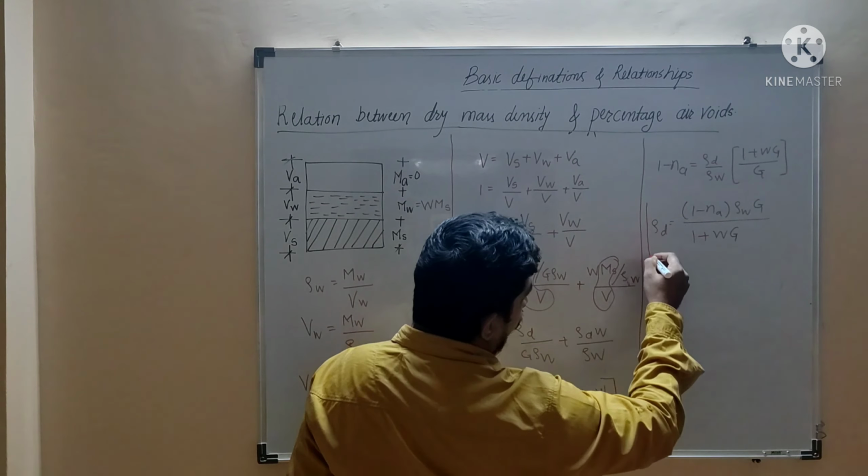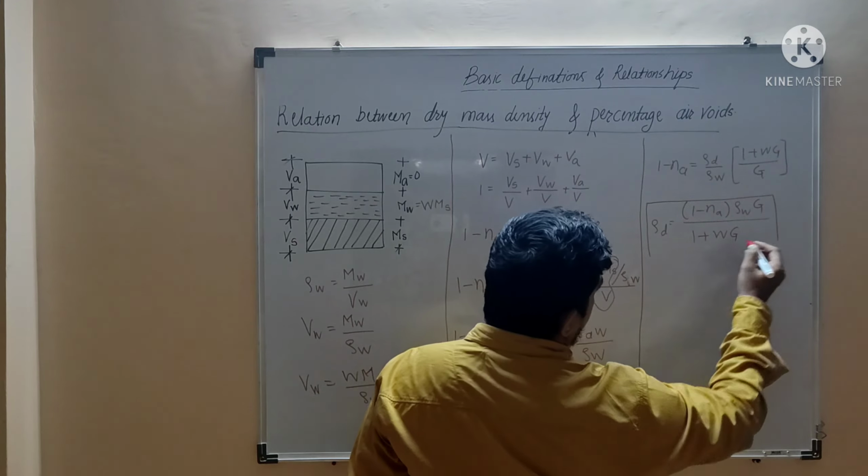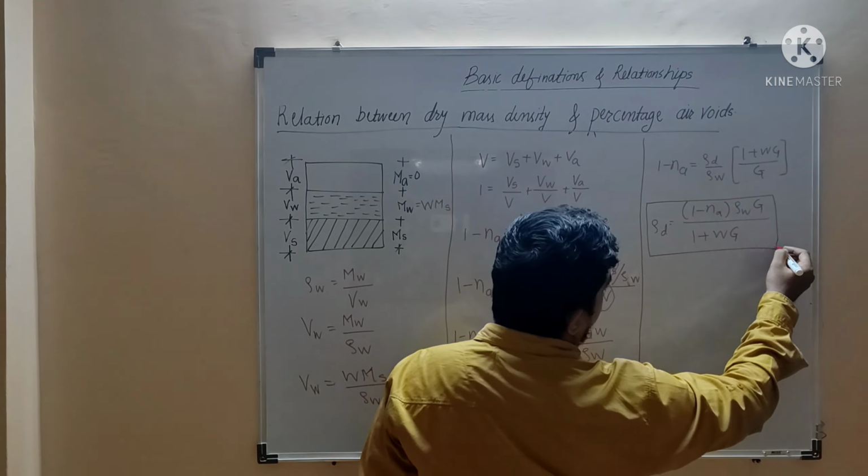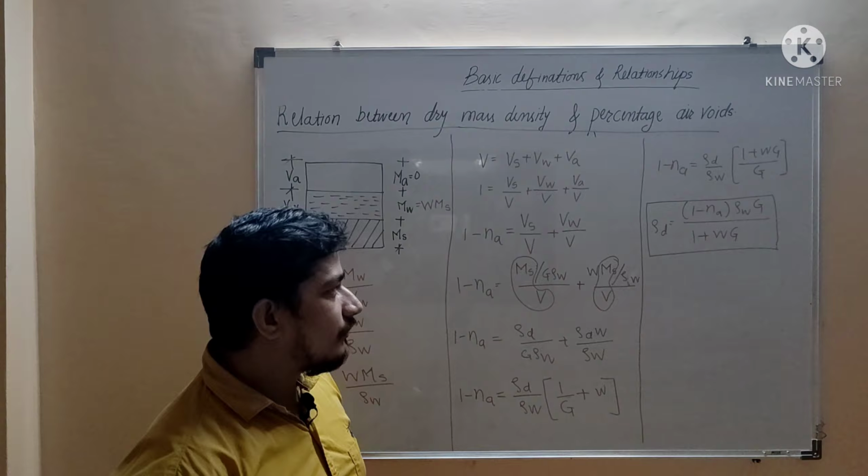So this is the formula for dry mass density of a soil.